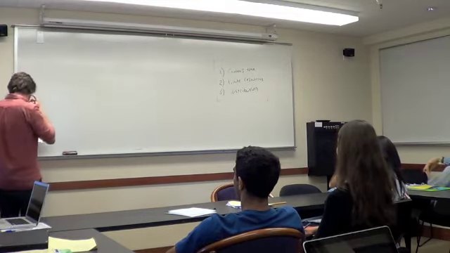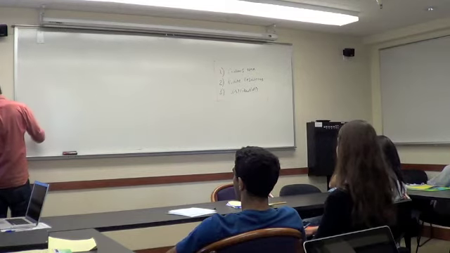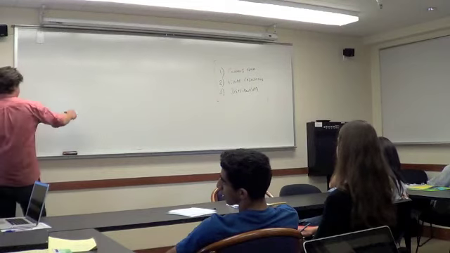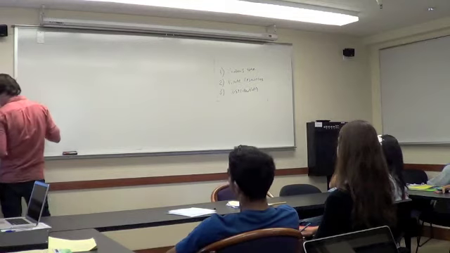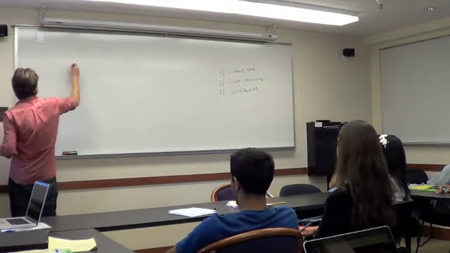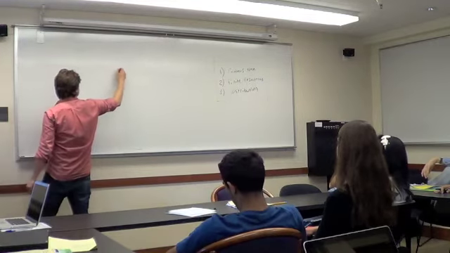Okay, so what I want to do now is deal with the continuous time issue first. So what I want to imagine is that we break the time axis up.